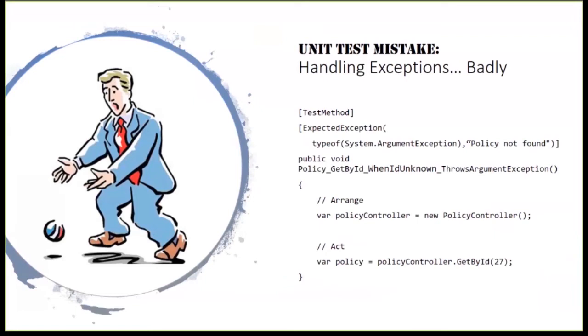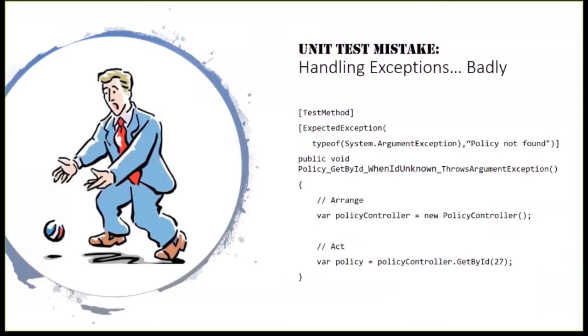That is not what it does, okay? What it does instead is, if it doesn't throw that exception by the end of the function, it displays this in your test explorer. In fact, virtually all of the assert methods have this text that you can optionally display in the test explorer, but it does not test it. If the message that comes up for the argument exception is something completely different, this test still passes, because that's not what that does.